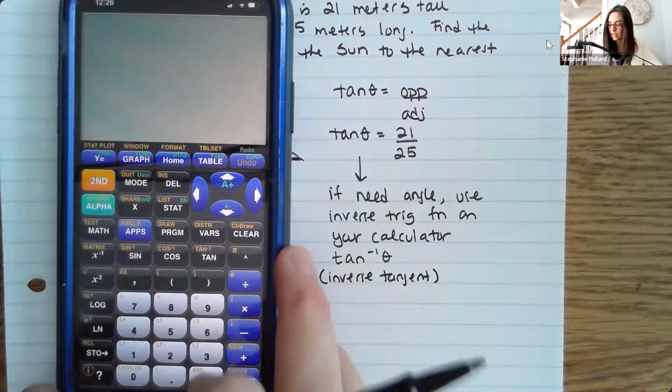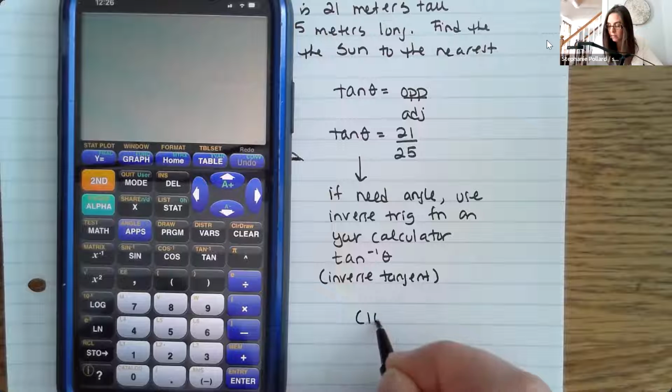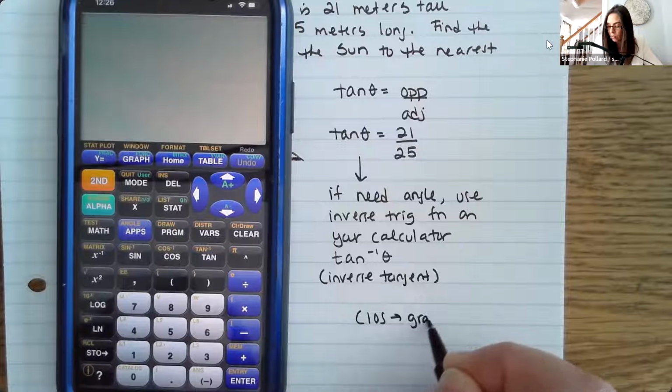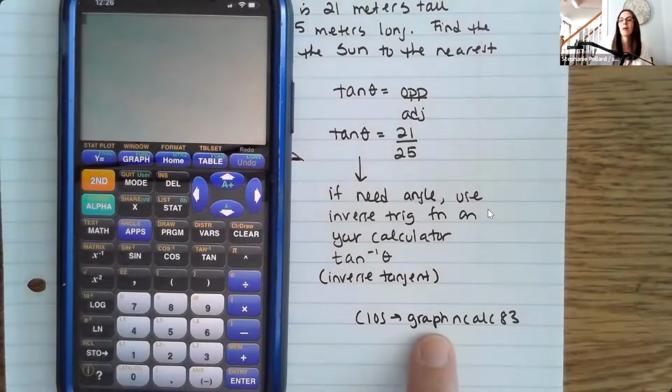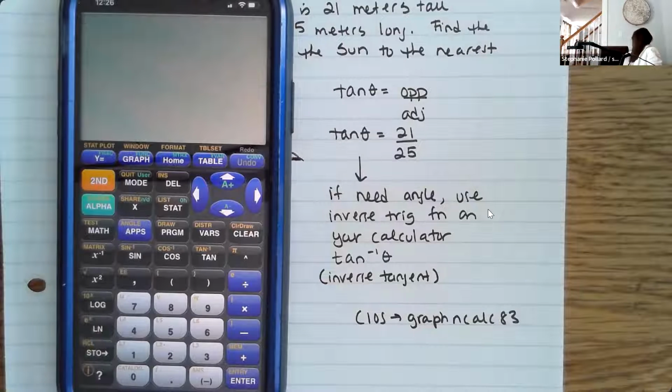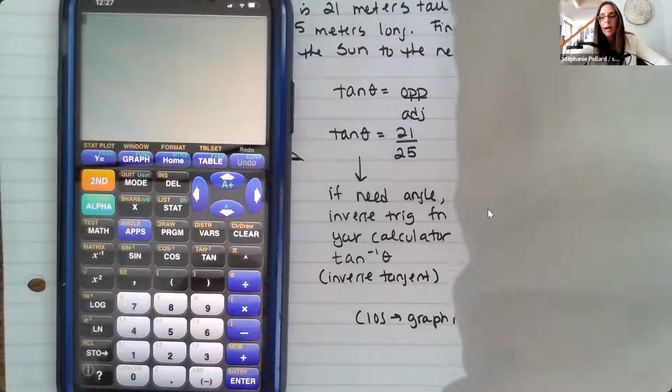Again, this app that I'm using for iOS is one of my favorites. It's called Graph and Calc 83. Sometimes the graph part is spelled with an F. Same one. I'm just plugging in my computer real quick.